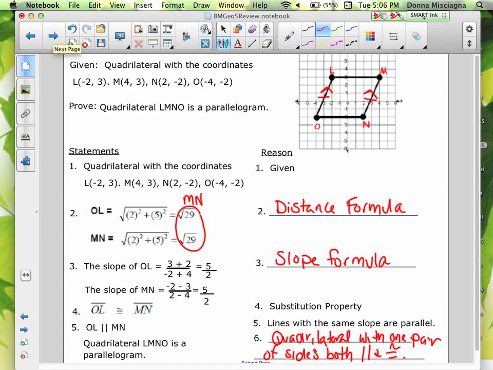If we proved one side was parallel and another side was congruent, that wouldn't prove it was a parallelogram. It's because one pair of sides are both parallel and congruent that we know that this is a parallelogram. And our proof here is complete. So this is one of the ways that we could prove a figure is a parallelogram. I put all 5 ways in your notes that I gave you.